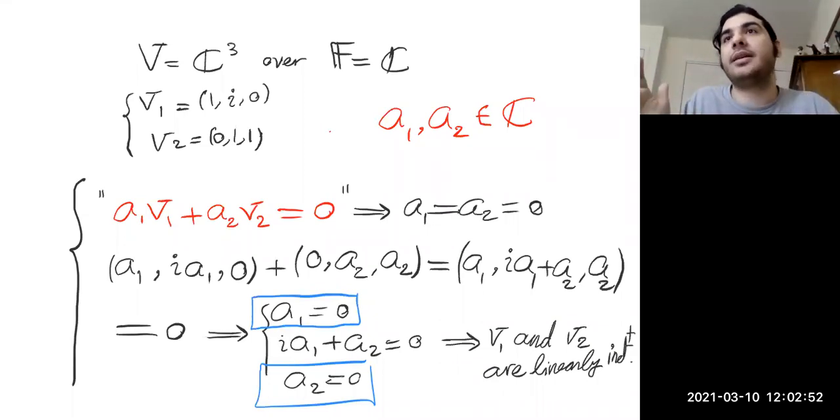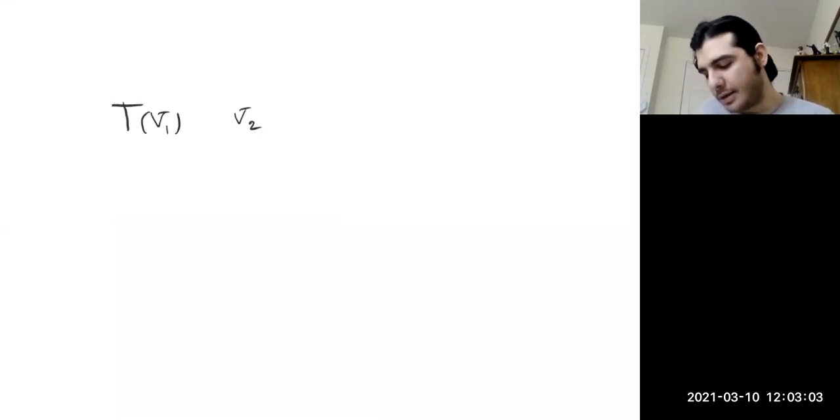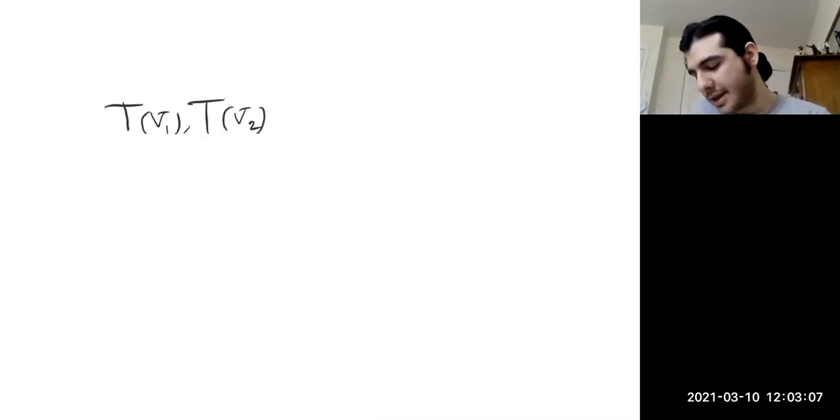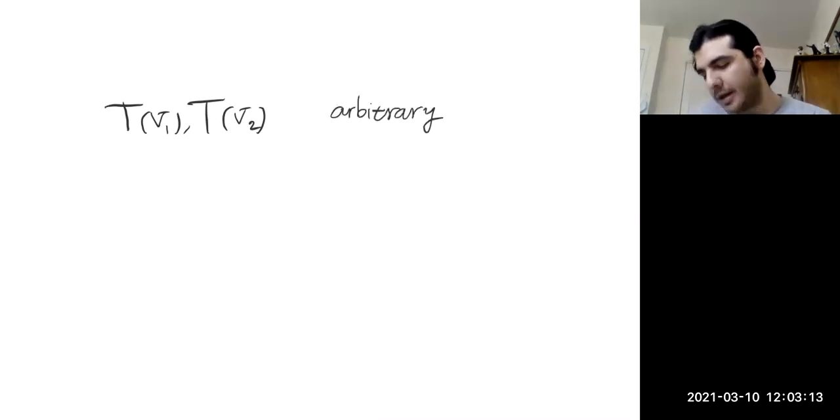It's arbitrary, right? When we want to define a linear map, these things can be anything, and we can always extend that to a linear map.